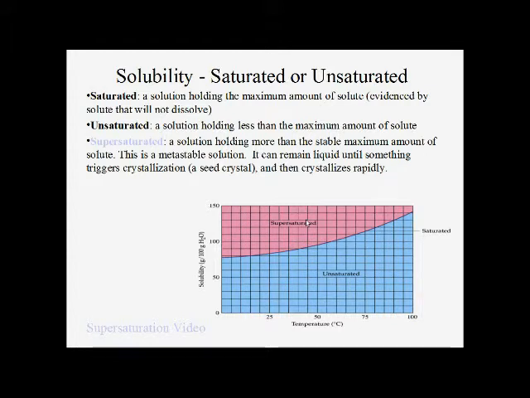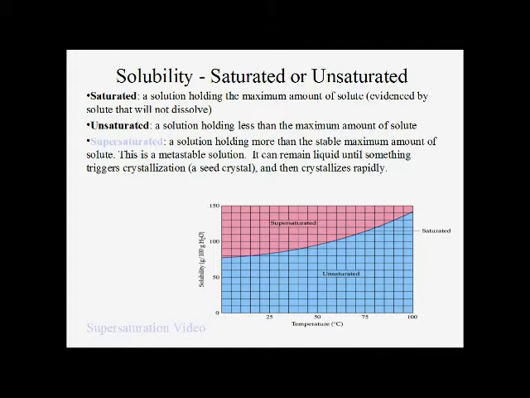It can remain liquid sometimes for a long period of time until something initiates the crystallization process, such as a seed crystal, maybe a bump, stirring, or in one commercial product, the flicking of a piece of metal.